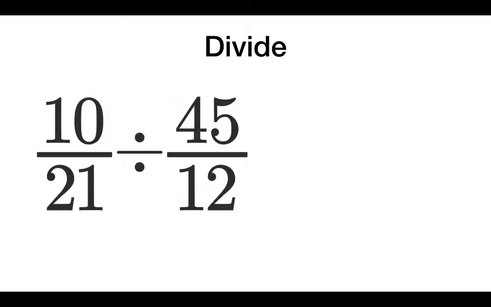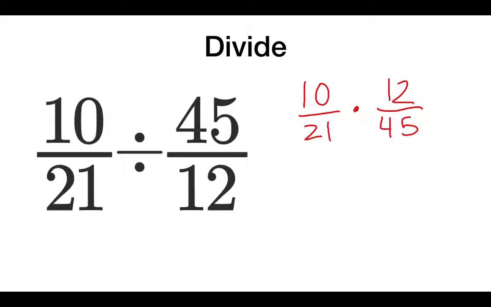For those of you that have forgotten, the word reciprocal means that we take the numerator and denominator and switch them. So let's try this. It becomes 10 over 21 times 12 over 45. See? 45 over 12 became 12 over 45. The denominator became the numerator and the numerator became the denominator.